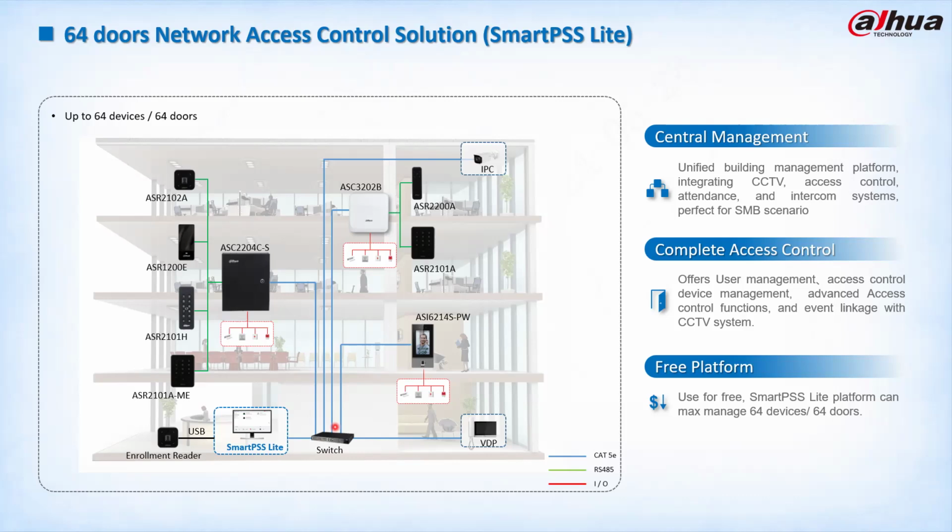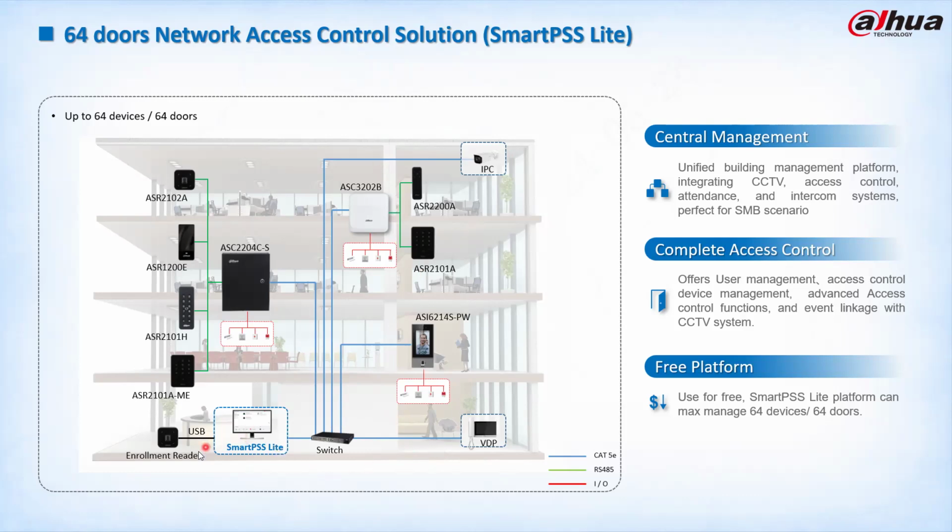We have different access controllers, for example, controllers that support 2 doors, 4 doors, or 8 doors, and the web-centric access controllers support up to a maximum of 40 doors. So the Insider series plus other controllers and the integrated devices can total up to 64.